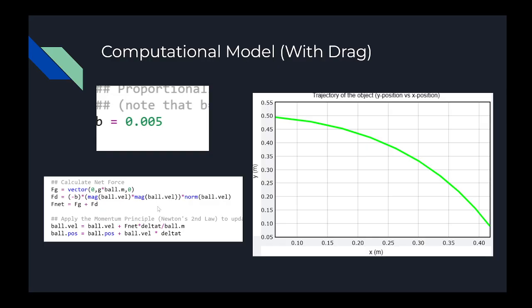And then once we added it together, we multiplied it by delta t and divided by the mass of the ball to get acceleration instead of force in order to update velocity, which updates position, which gave us this slightly more curved trajectory graph.